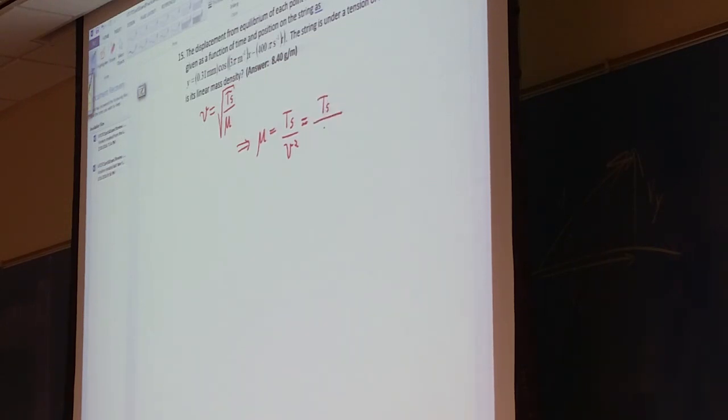We could also make it frequency times lambda. Either one is fine. We just have to be careful not to get T confused with T sub s. T with no subscript represents the period, and T with the S subscript represents the tension of the string.